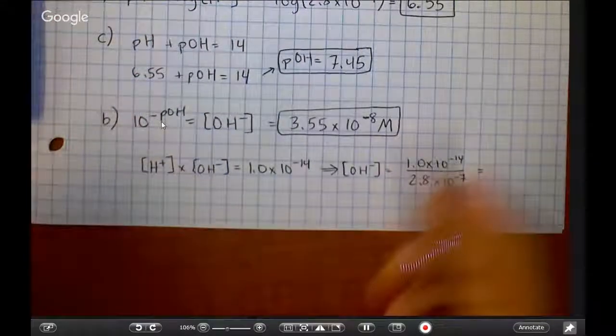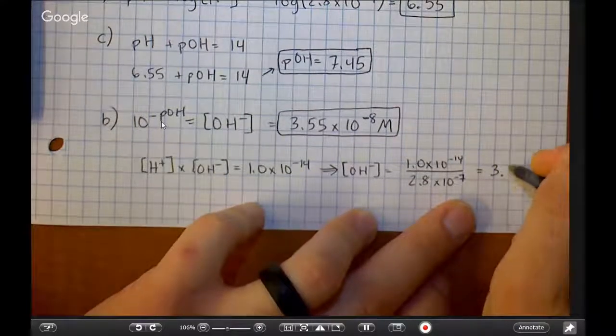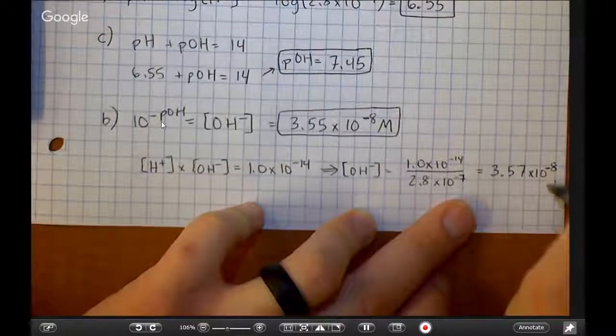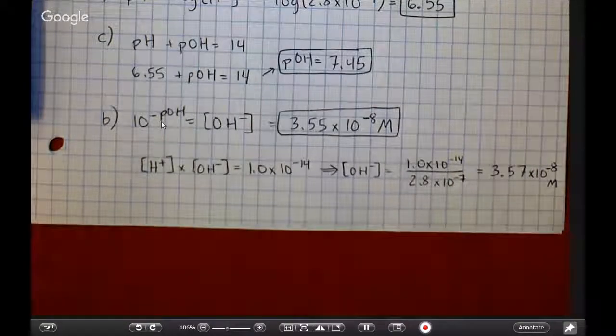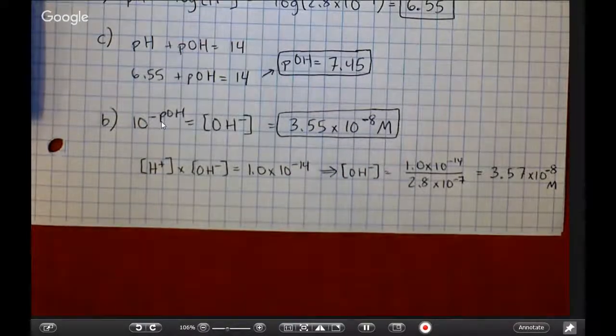Plug it in the calculator and solve, and in this way it's actually 3.57 times 10 to the minus 8, which you might think is a lot different than what we saw up here, but at 10 to the minus 8, we're talking like 0.0000000002 difference. Is that very big of a difference? No. Therefore, it doesn't matter which direction we go in.